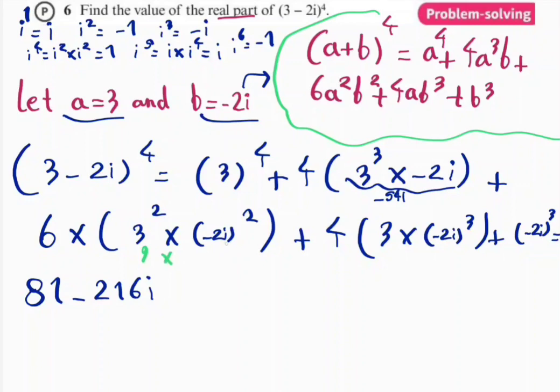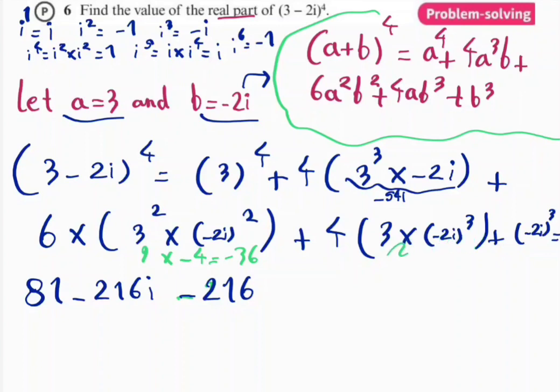Be careful, because minus 2 squared is 4 and i squared is minus 1, so minus 1 times 4 is minus 4. So 9 times minus 4 is minus 36, and minus 36 times 6 is minus 216.